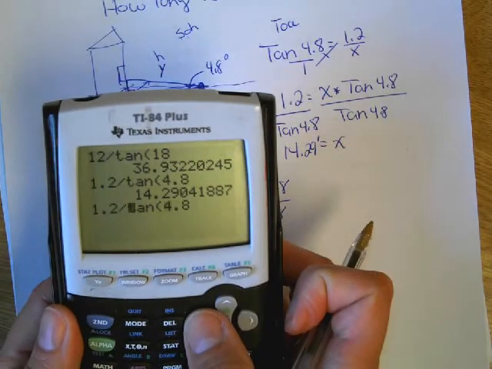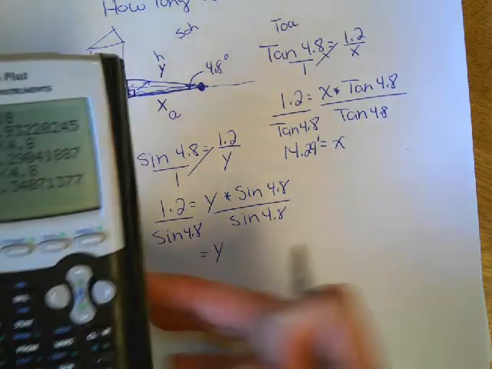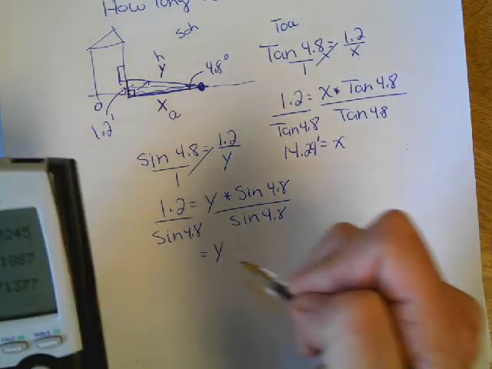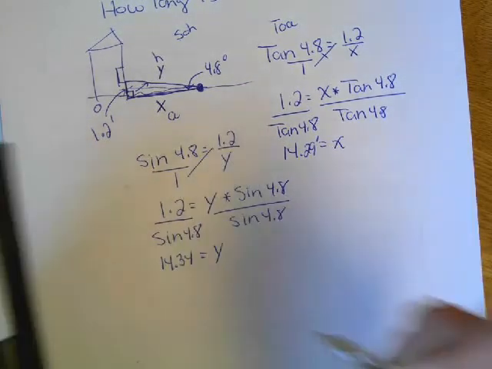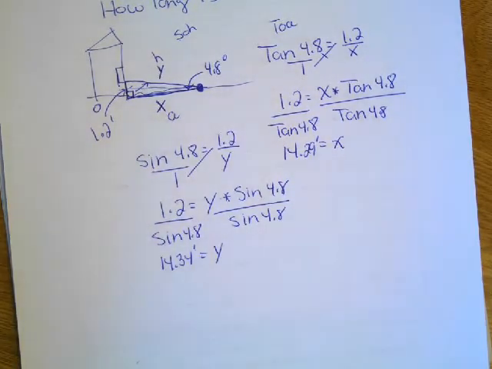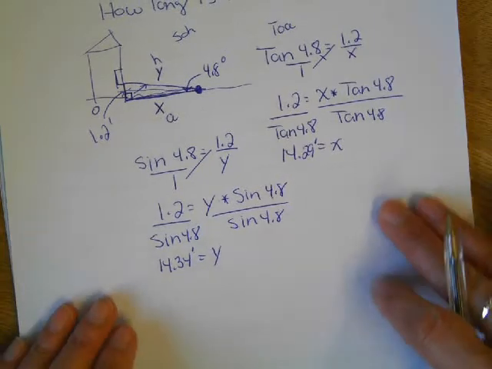I can retype that, change that to sine. The ramp is 14.34 feet. So just a smidge longer than that horizontal distance on the ground because that angle's so small. Okay, one more challenging problem and we'll call it good.